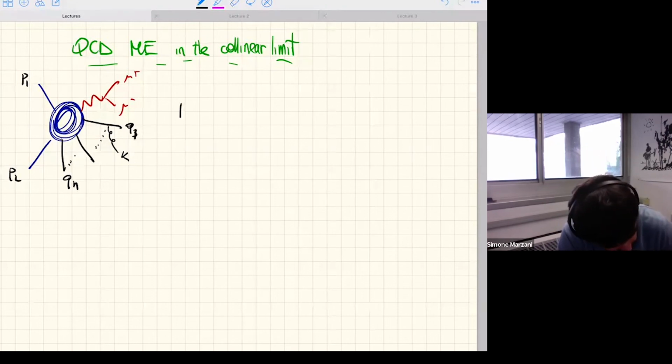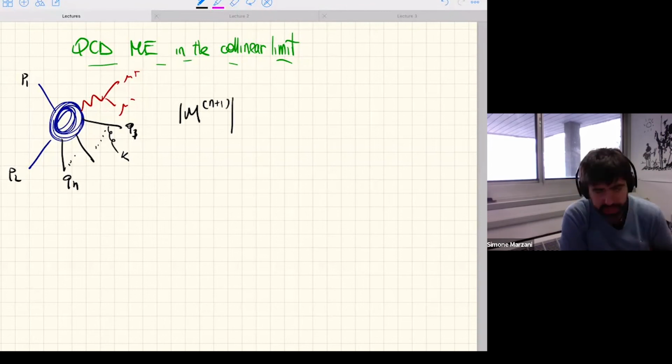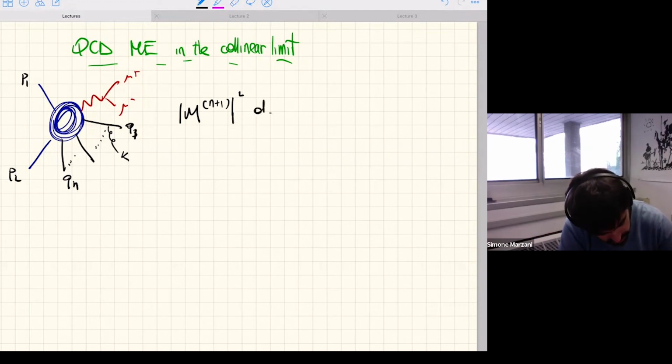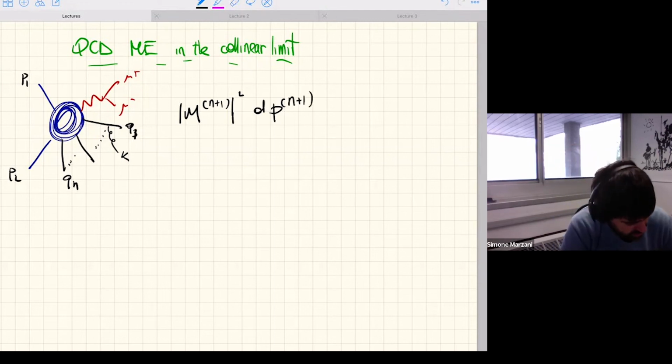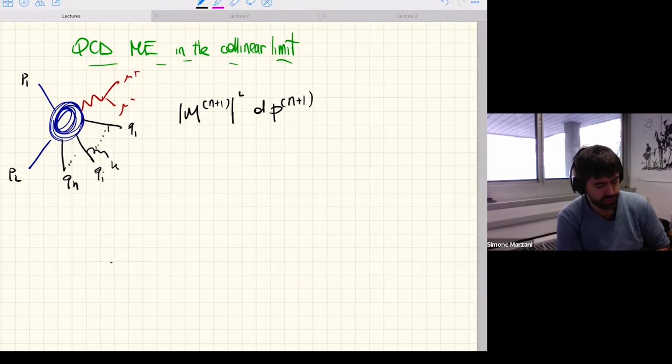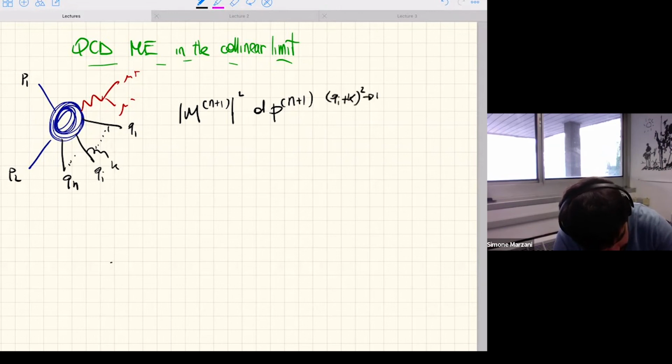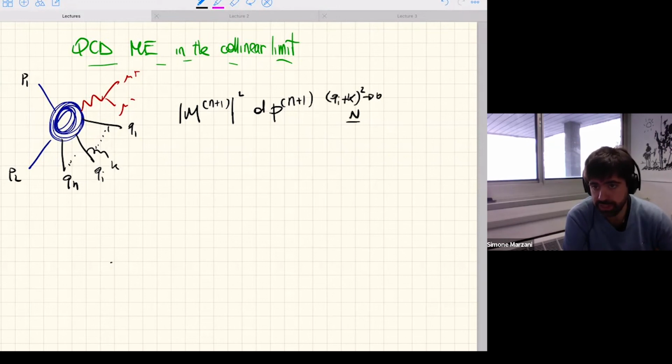What happens, and we have seen already, is that the matrix element squared for n+1 partons, times the phase space for n+1 partons, in the limit where k becomes collinear to Qi, that is the limit where the invariant mass of Qi plus k goes to 0, factorizes.